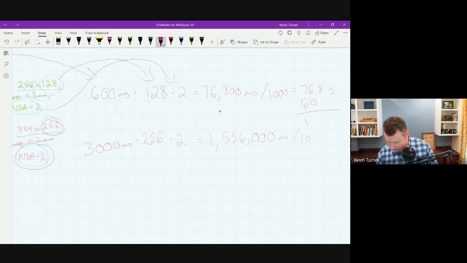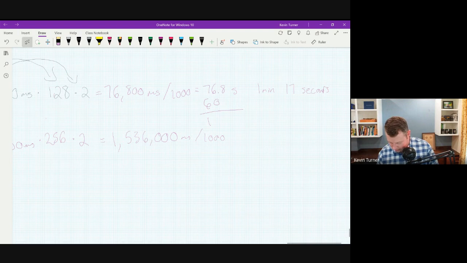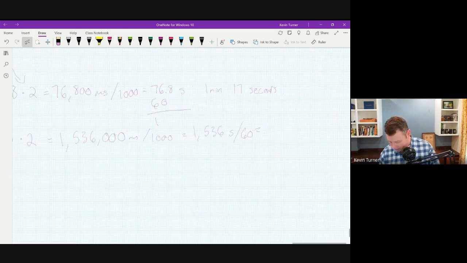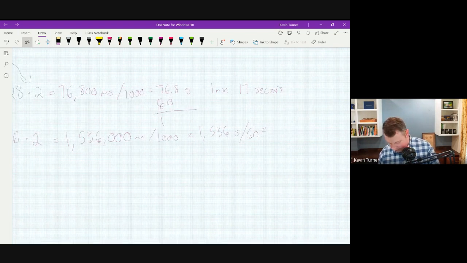Divide by 1,000 to convert to seconds. 1,536 seconds. Divide by 60 to figure out how many minutes that is. Now, you can just skip ahead and divide by 60,000. That's totally fine too. But if you want to skip a step, that leads us to 25.6 minutes.